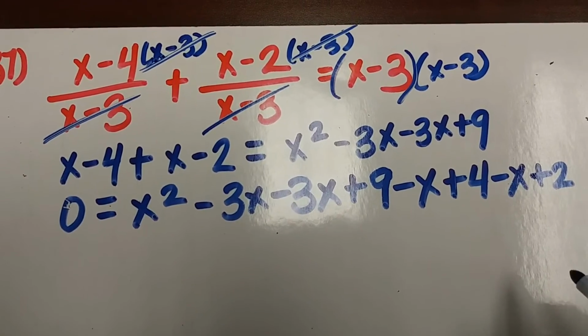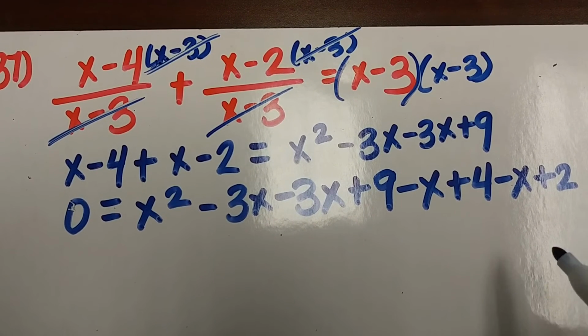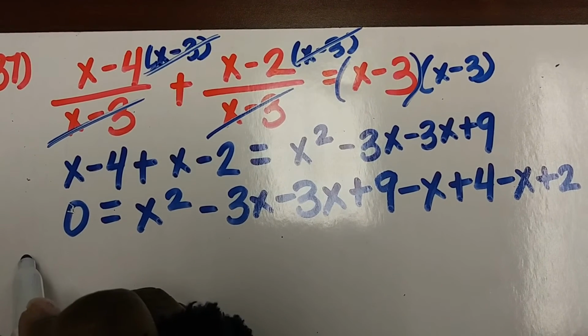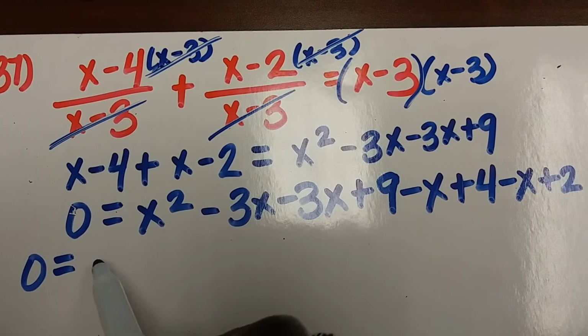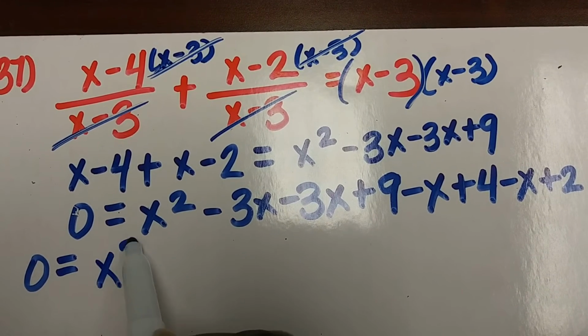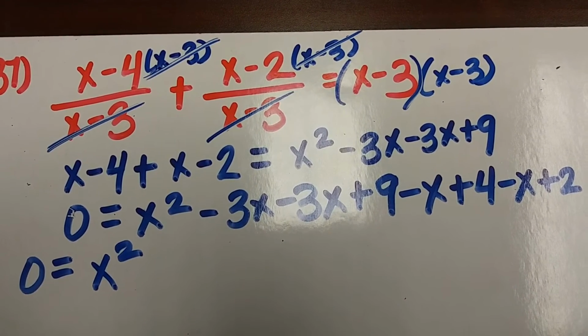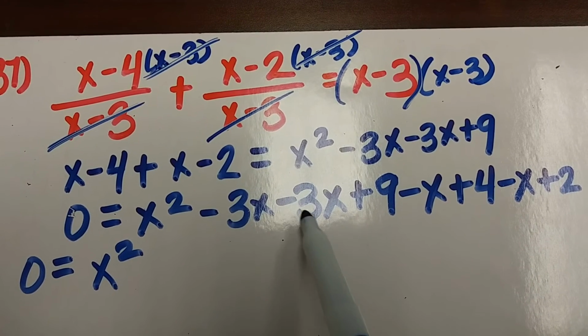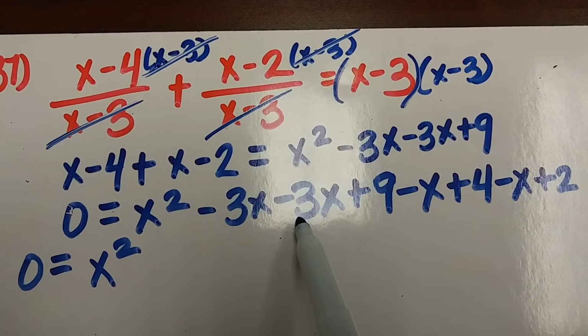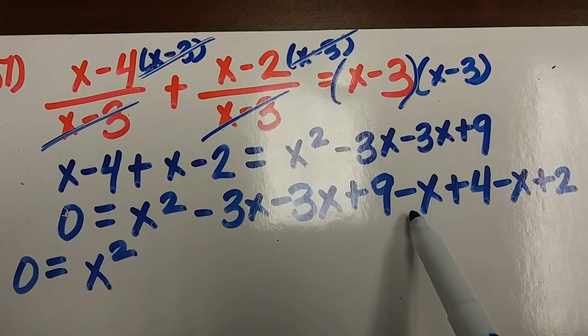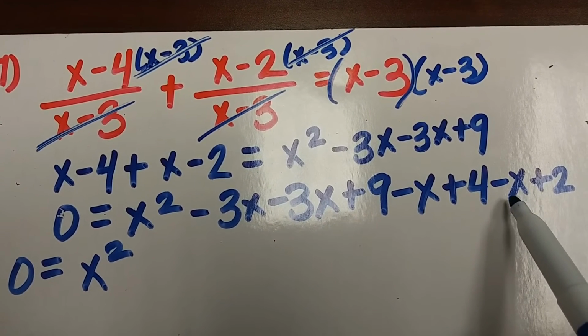Okay? Next step, combine like terms. I have 0 equals x squared. Combine all like terms you see. Negative 3 minus 3 is negative 6. Negative 6 minus 1, negative 7. Negative 7 minus 1, negative 8.